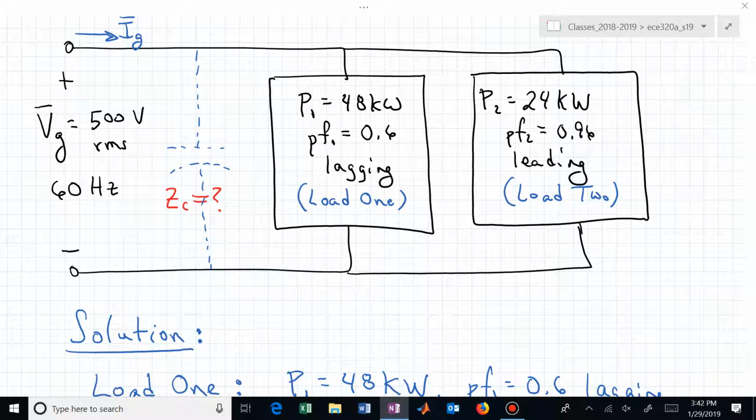Well, the angle's obviously getting smaller, and the power factor is getting bigger. So a 0.96 power factor says the angle is bigger or smaller than 45 in magnitude? Smaller. And in what direction is that angle for this load 2?